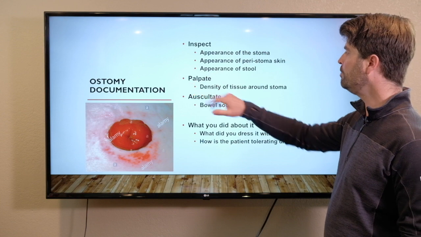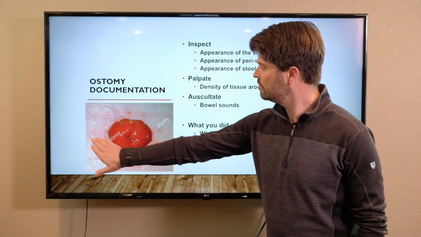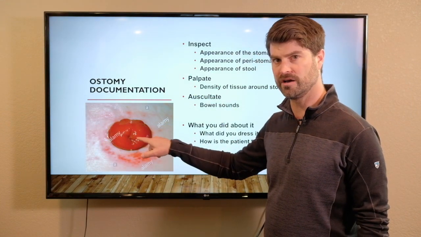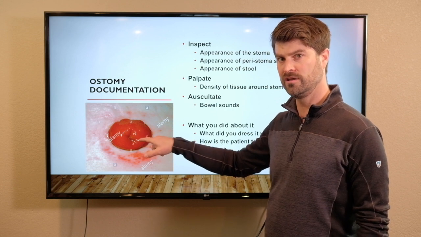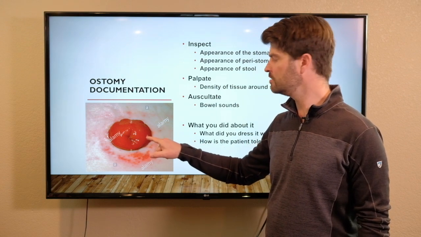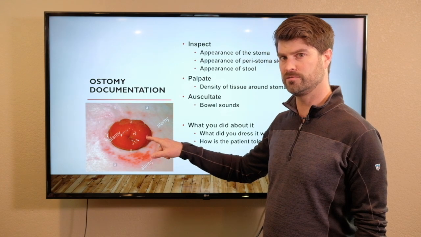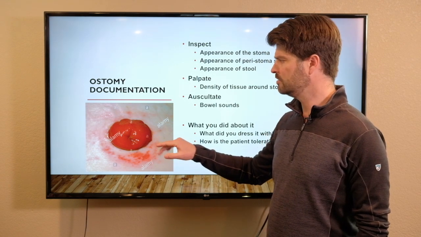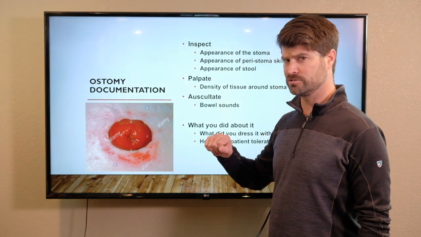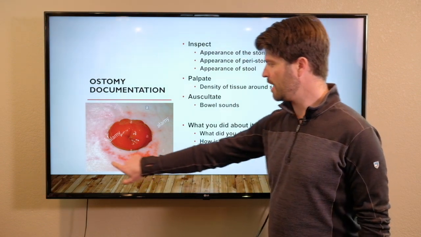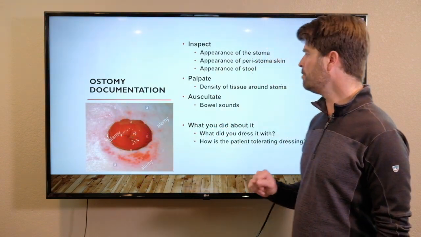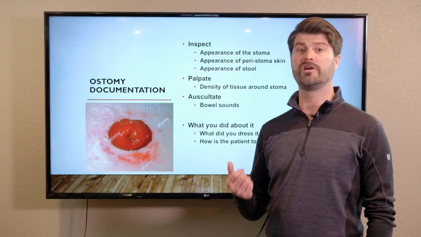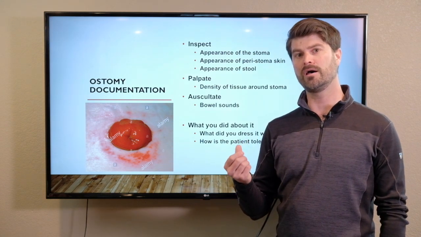Then we want to palpate around the stoma. Don't poke the stoma itself. That's an internal organ, and we don't want to poke internal organs. I don't know what the literature says about doing that, but it seems like a bad idea. So don't poke internal organs. But the skin around here, we want to poke that and look for any induration, meaning thickening of the skin.